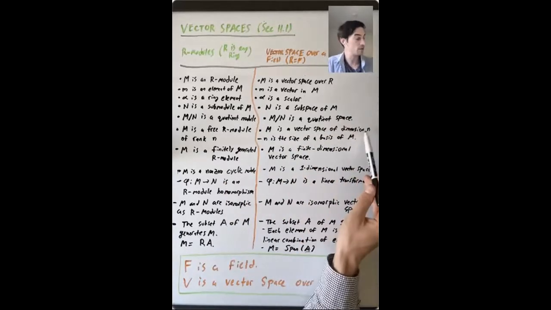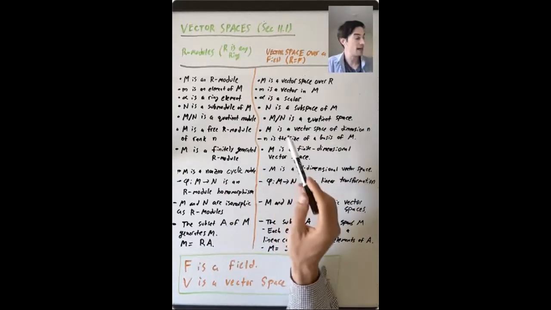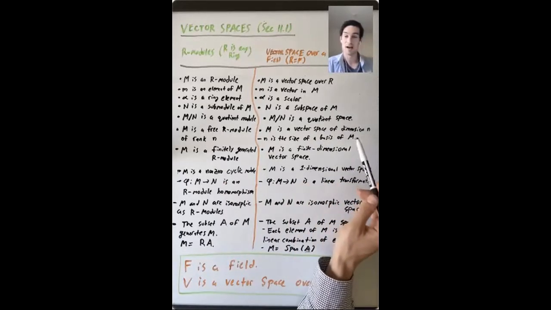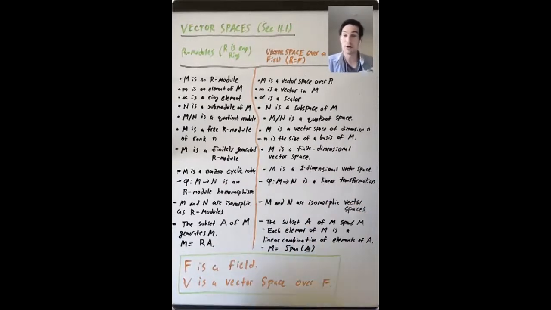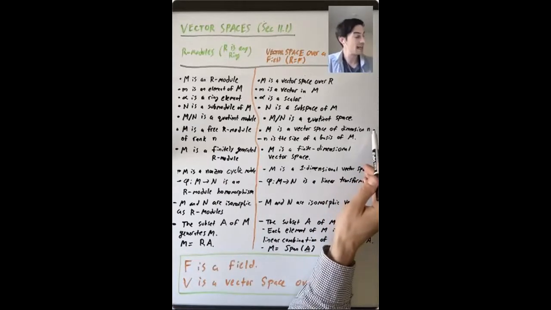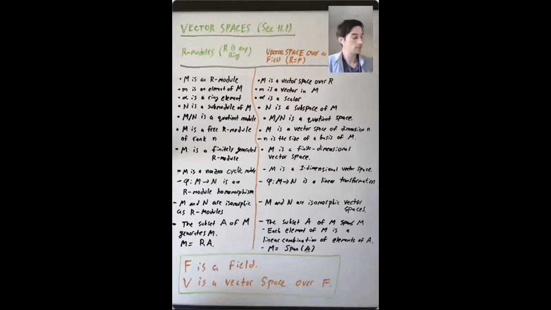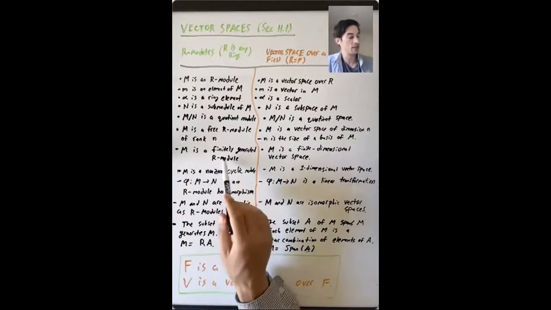That M is a vector space of dimension n means n is the size of a basis of M. And we'll show later in this lecture that if M has a basis of size n, then in fact every basis has size n.